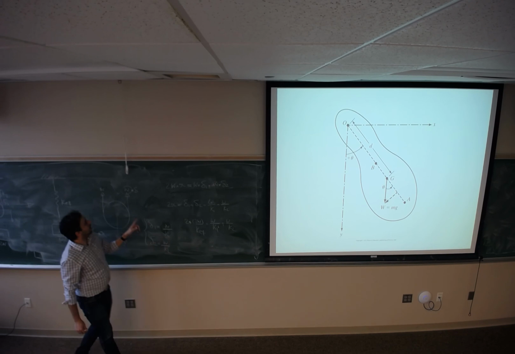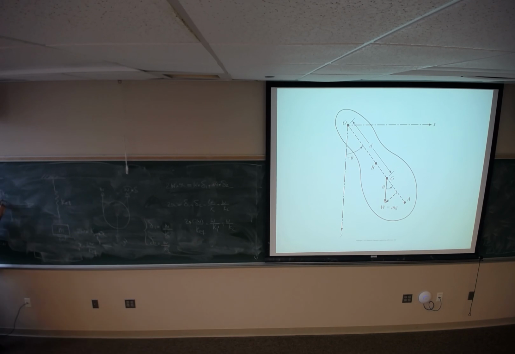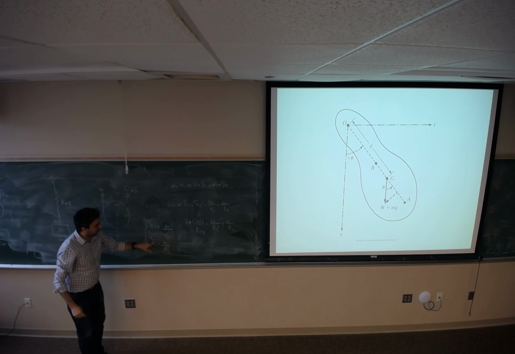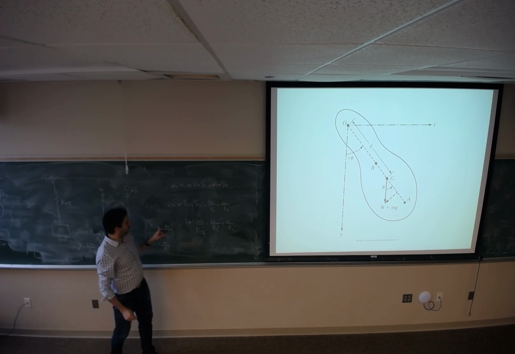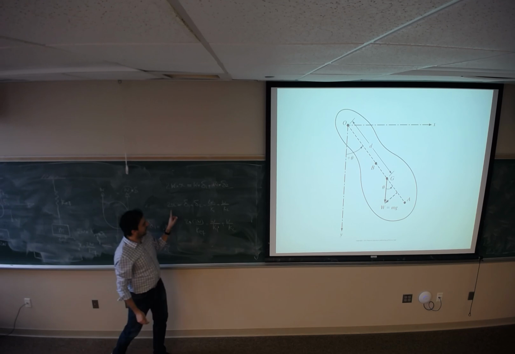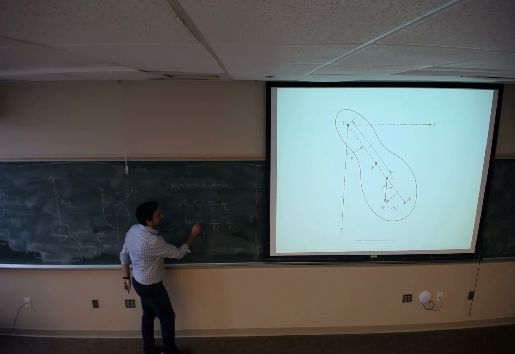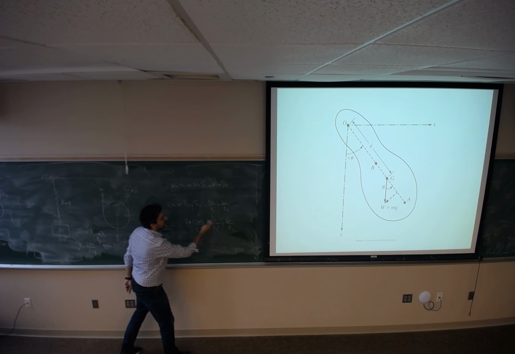Then there is a relation between deflection, force, and stiffness. This is what we know. I replace delta 1 and delta 2 by this, and x by this, and I end up with this. So we have W, I cancel out from both sides.